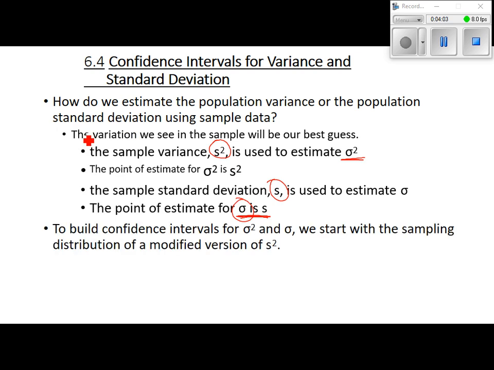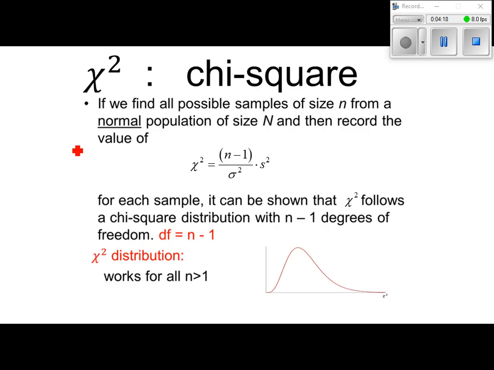To build a confidence interval, we start with the sampling distribution of a modified version of s squared. So we're using the variance to build our confidence intervals. Chi-squared. This is like a fancy X, and it's chi, K-I. So chi-squared is what we're going to use for a lot of this.